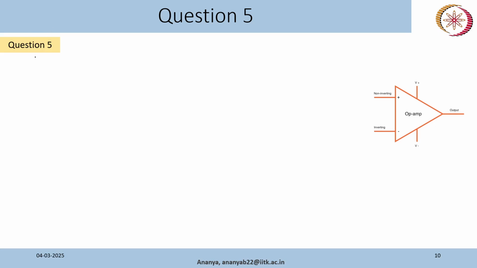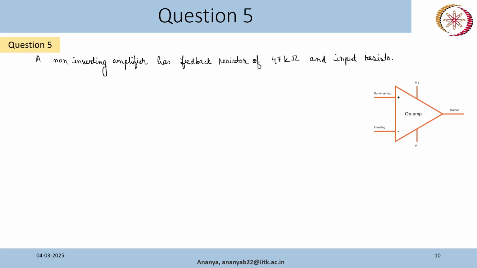So the question is, a non-inverting amplifier has a feedback resistor of 47 kilo ohm and an input resistor of R1.